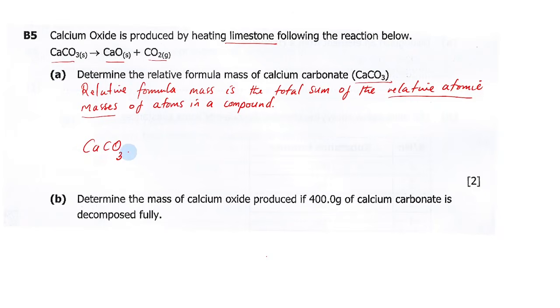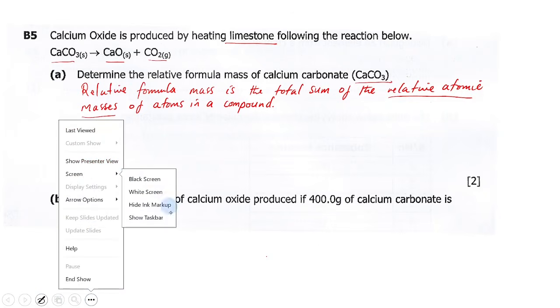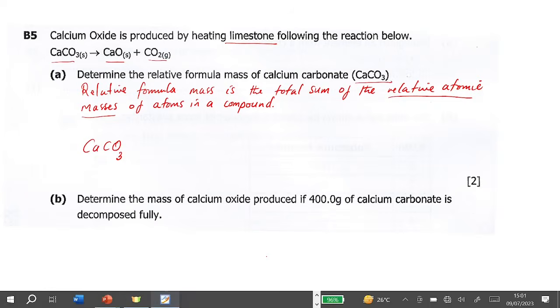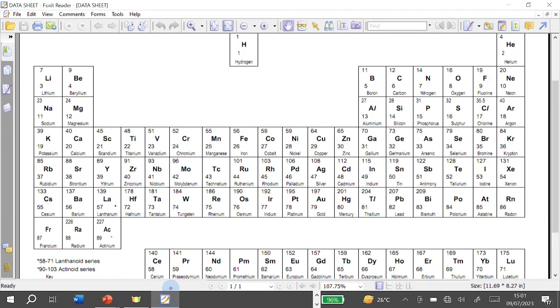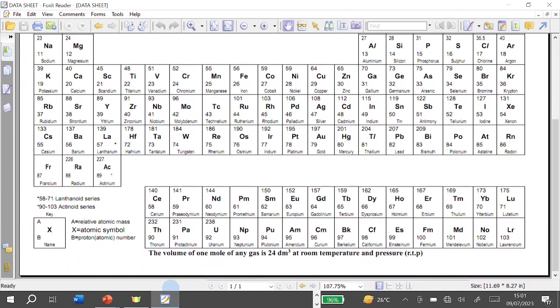Where do you get them? From the periodic table. Let me show you. If I come to the periodic table and scroll a little bit here, see, they've given you a key down here. If they've given you X, they've told you that X in the middle is the atomic symbol, the symbol of an atom or element. Then the number up here represents the relative atomic mass.